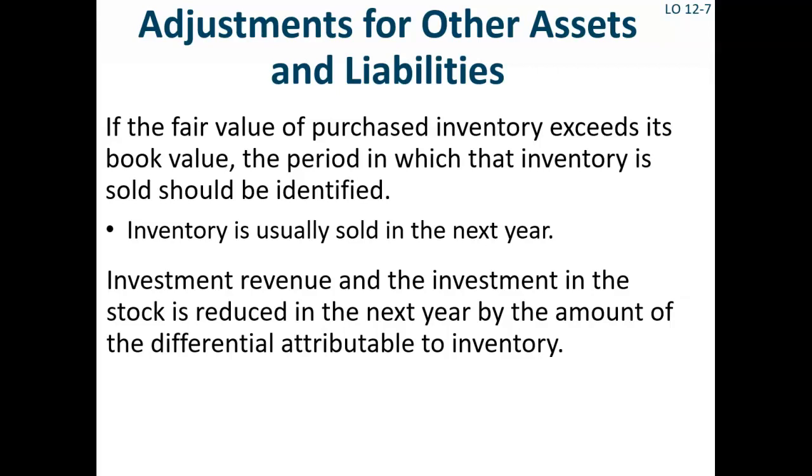In summary, an equity method investor needs to make these sorts of adjustments whenever there are revenues or expenses associated with an asset or liability that has a difference between book value and fair value at the time the investment was made.